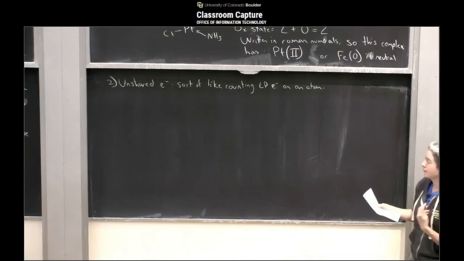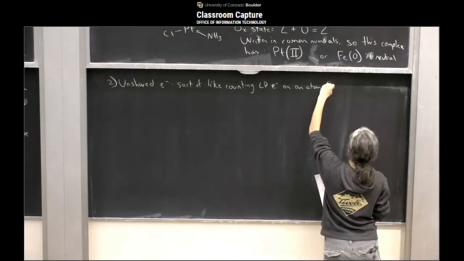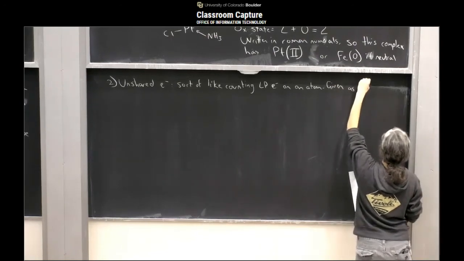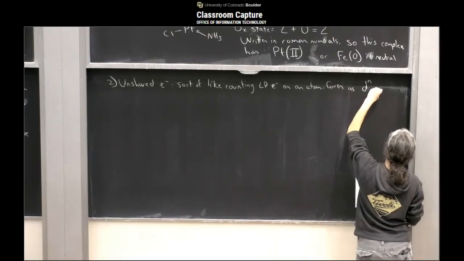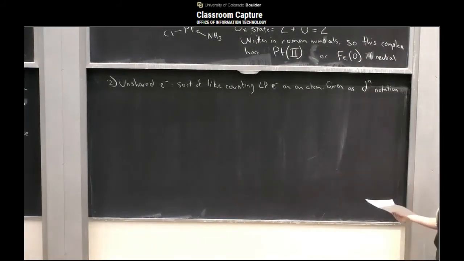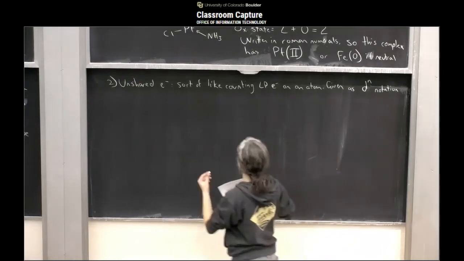This is described in what's called d superscript n notation. The n on there is just how many electrons are unshared on the metal.